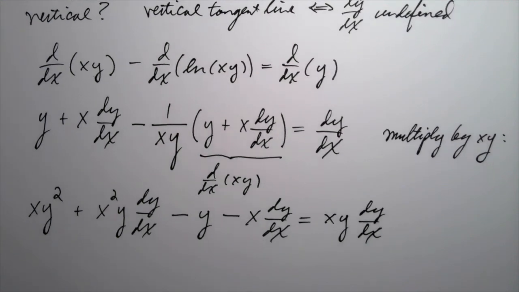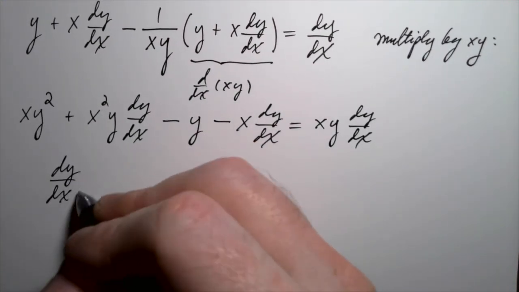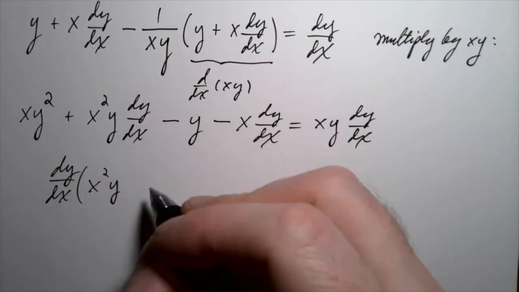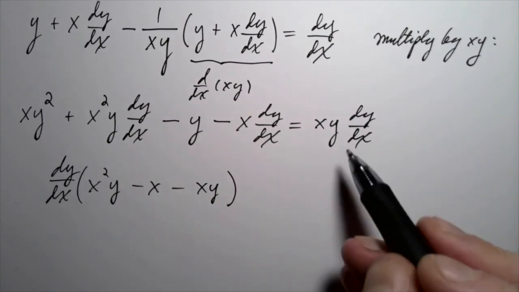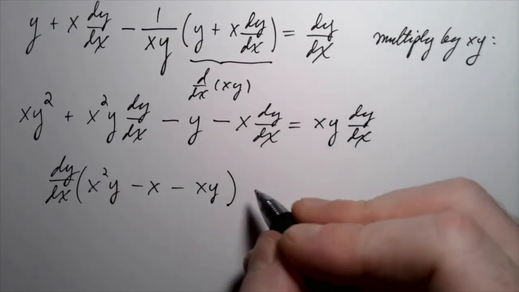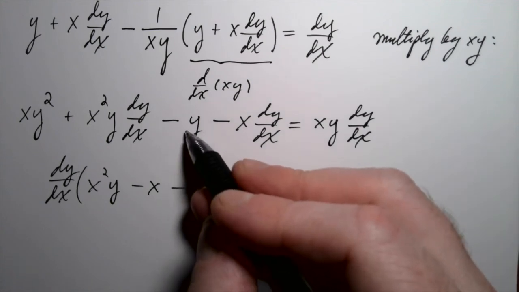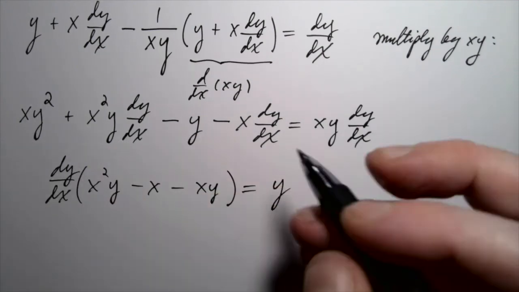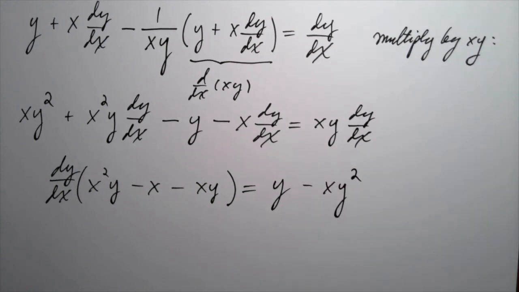So now that looks a little bit nicer. Let's gather all the terms that involve the derivative on one side of the equation so that we can solve for it. So we'll have x squared y, we'll have minus x, and we'll have minus xy. I brought that term on the right-hand side over. And let's move everything else over to the right-hand side, so the minus y moves over, it becomes a y. And the only other term we haven't dealt with is the xy squared. When we move that over, it'll be a minus xy squared.